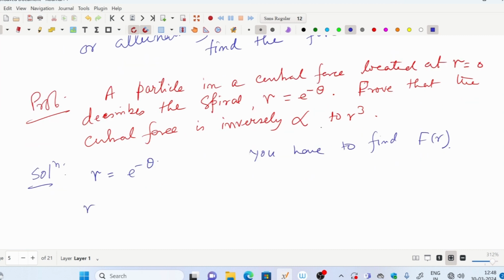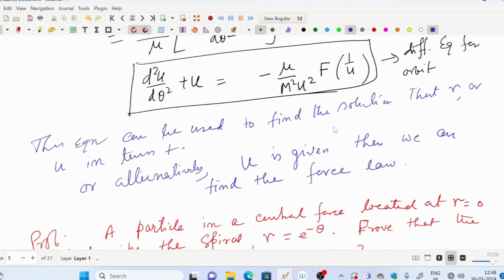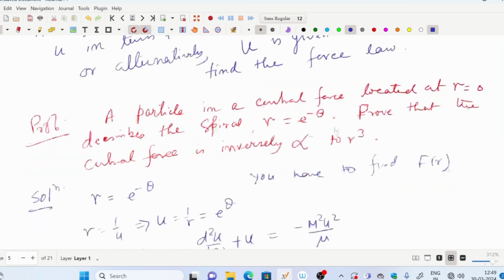Okay. So since our equation of orbit is in terms of u, let us go to u. So r is 1 over u, so u equals 1 over r, which is e to the power theta, and the orbit equation is d2u/d theta square plus u is equal to minus m square by mu, let me check the factor, mu m square u square.